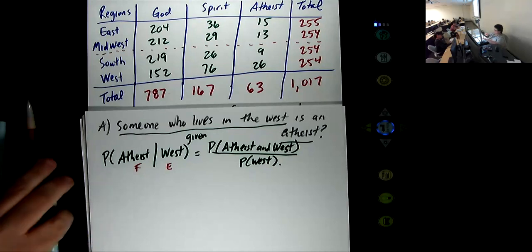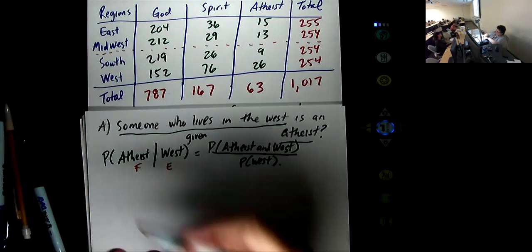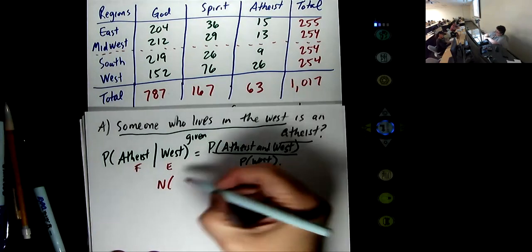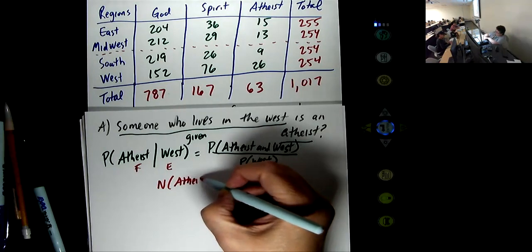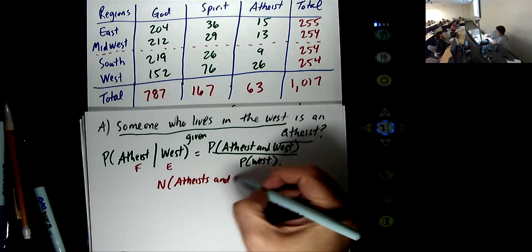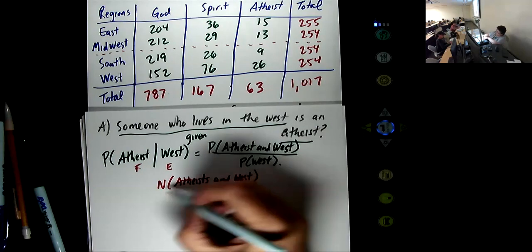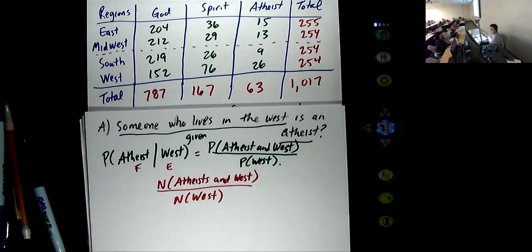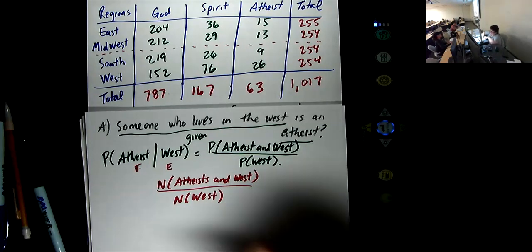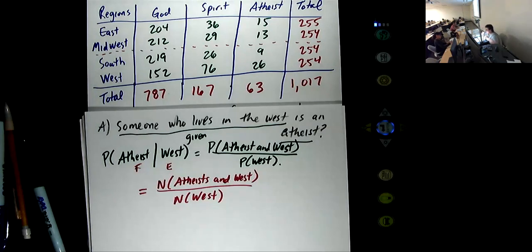There was another form of this equation, using the numbers: the number of atheists and West, over the number that live in the West. This is an alternate form and the result is the same.